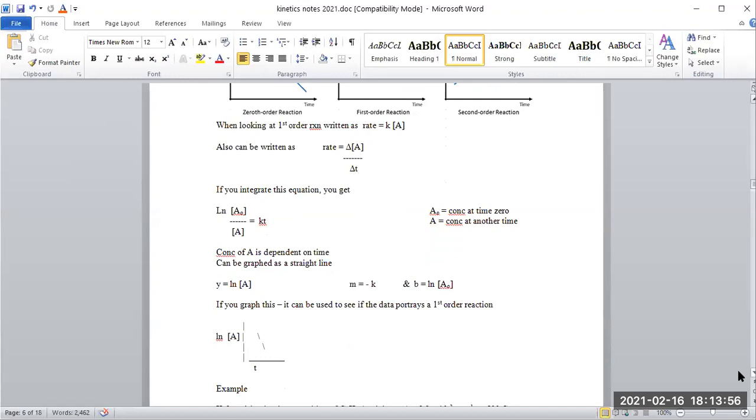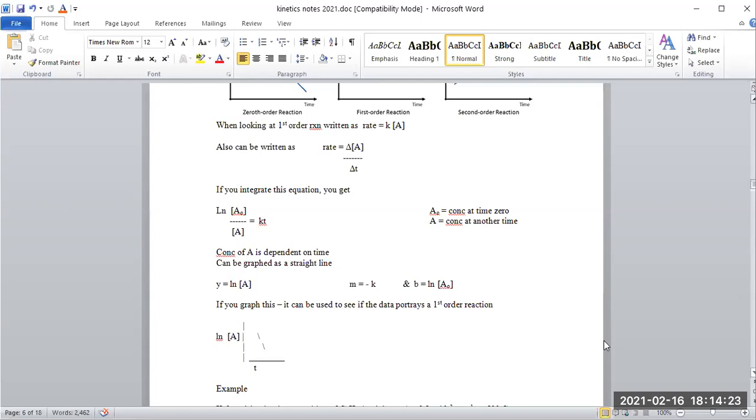If we think about this in terms of the very traditional way to get a straight line, y equals mx plus b, your y is the natural log of A, your slope is negative k, and your y-intercept is the natural log of your original concentration.